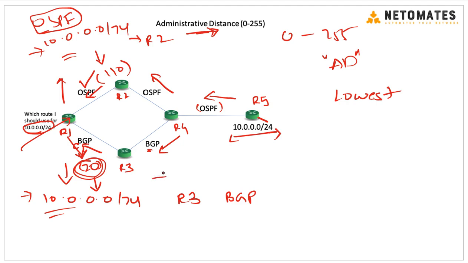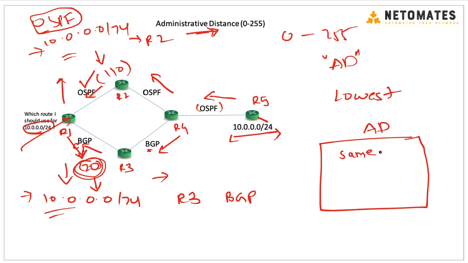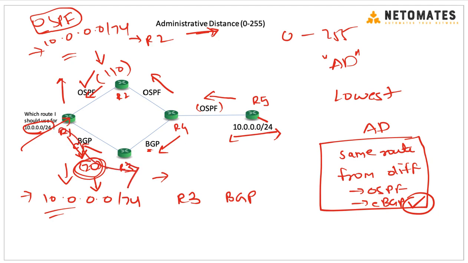Basically administrative distance helps when a router learns the same route from different sources. Here, one is coming from OSPF, another from eBGP. It will choose the route with the lowest AD value, which in this case is eBGP. So the packets will be forwarded in this direction.